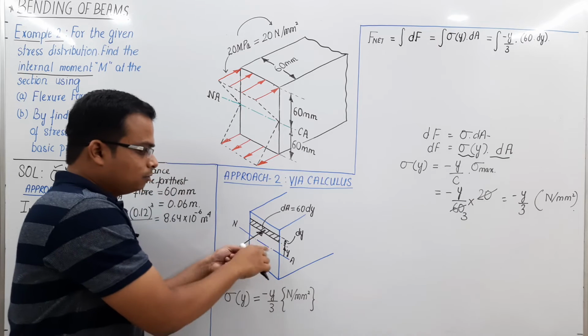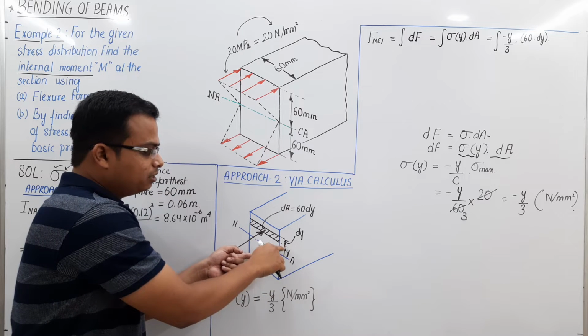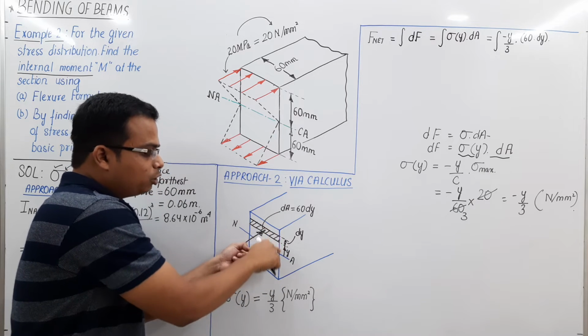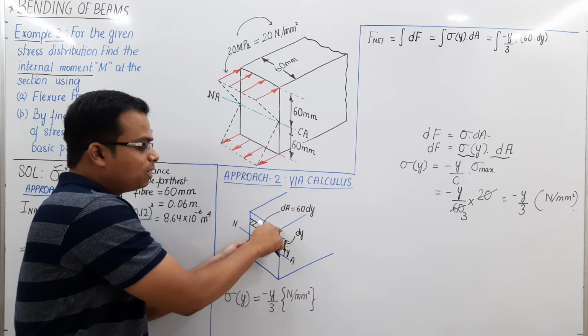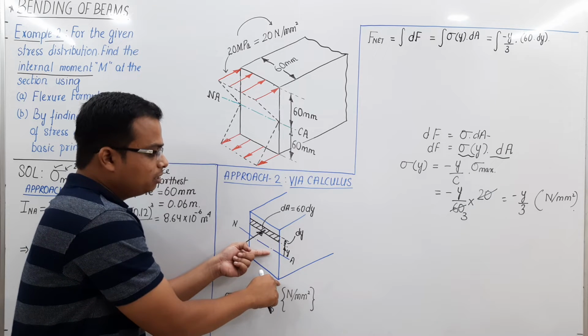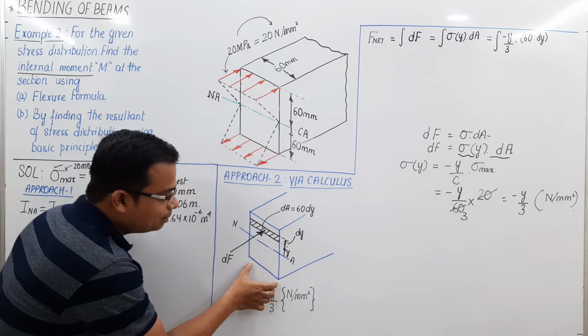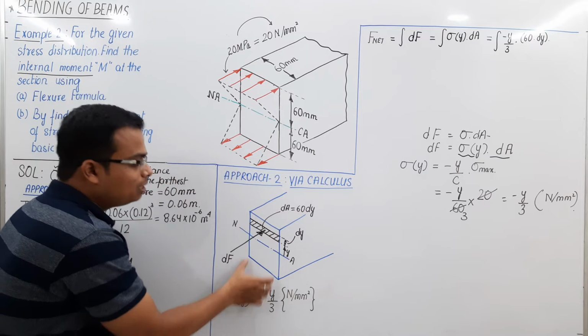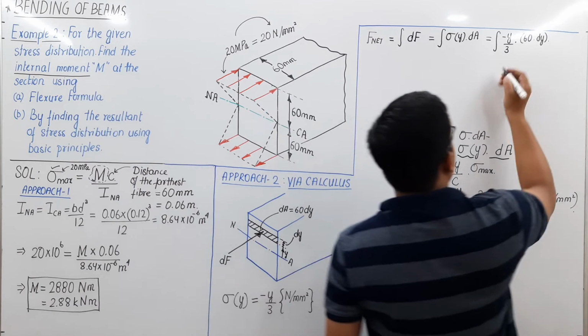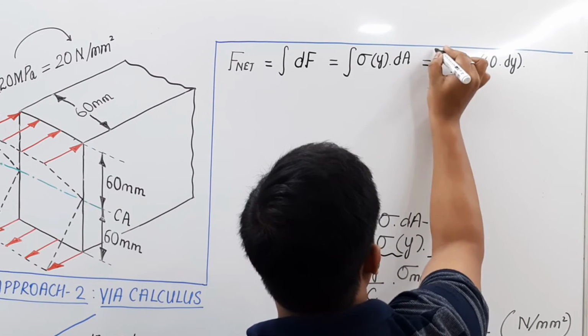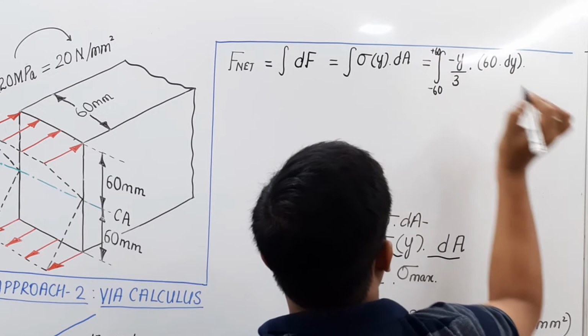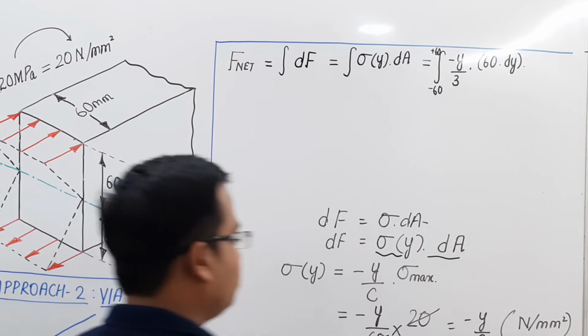Obviously, with respect to the neutral axis, if you are moving to the top it is from 0 to plus 60, and this is from 0 to minus 60. So we'll integrate from minus 60 to plus 60, so all the area will be covered. That is the best way forward, and you just need to solve this equation.